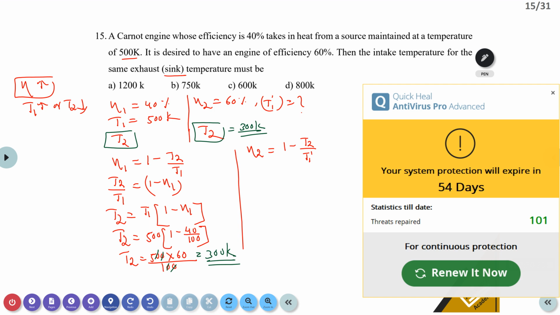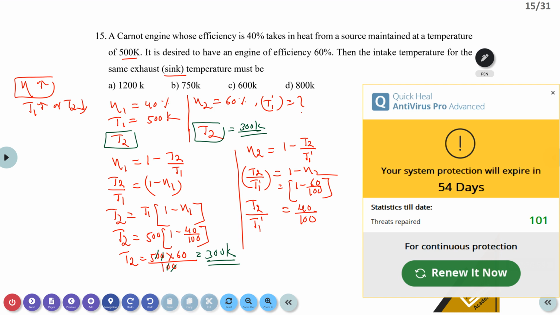Substitute this: T2 divided by T1 dash equals 1 minus eta 2, equals 1 minus 60 divided by 100, which is 40 divided by 100. And this is T2 divided by T1 dash. We know the T2 value.